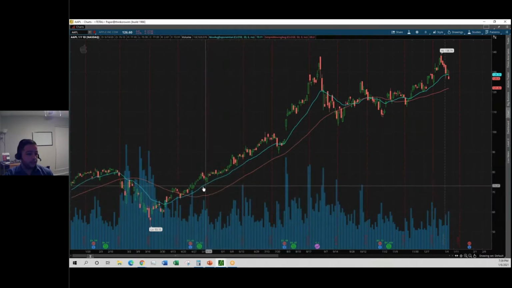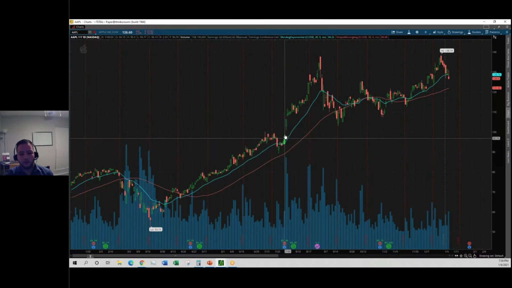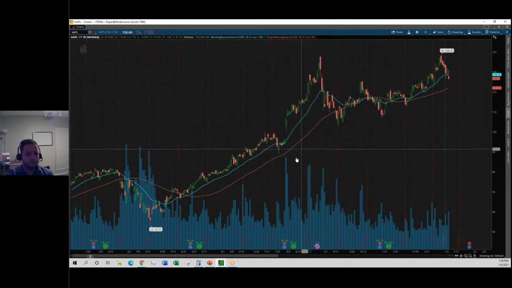As the trend continues, we can also see that the price is bouncing off of this 20-period EMA, but never actually breaches it until right up at this point, which was a sort of fraudulent signal because it bounced right back up and continued its way up.